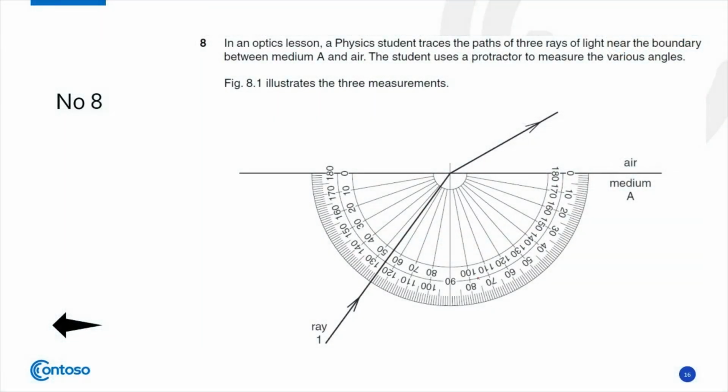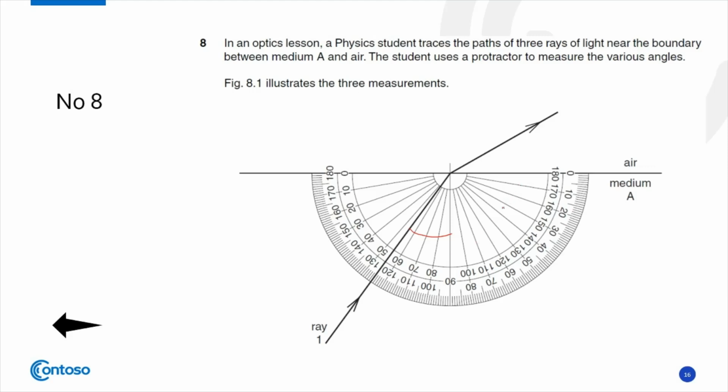On this figure, we can see that the light comes from medium A into air. That means the first medium is medium A, while the second medium is the air. The angle of incidence, this one, equals 42 degrees.